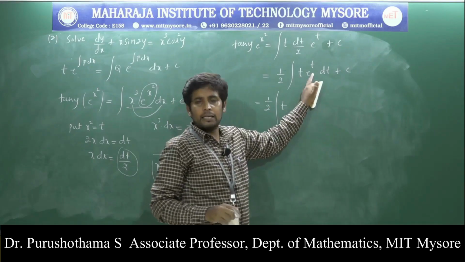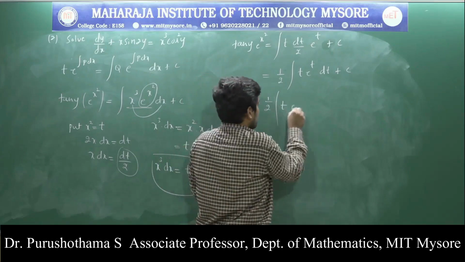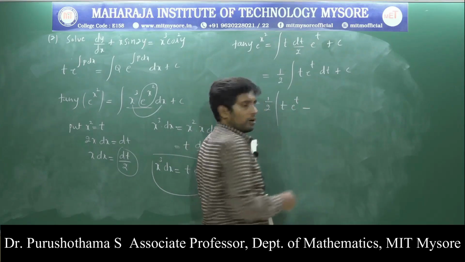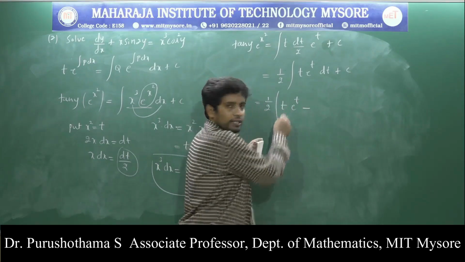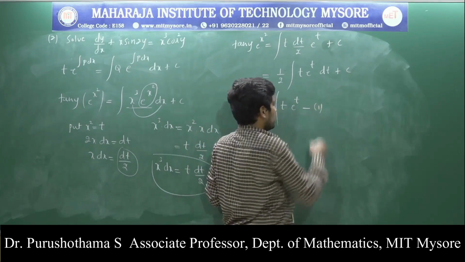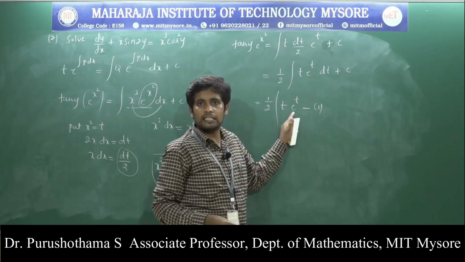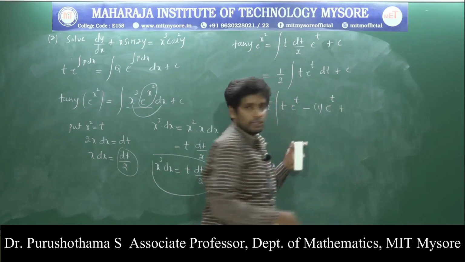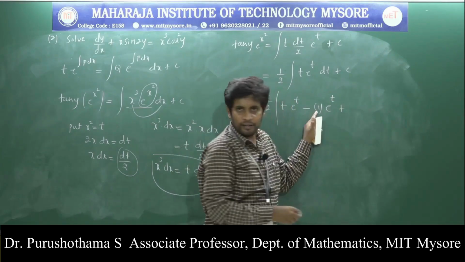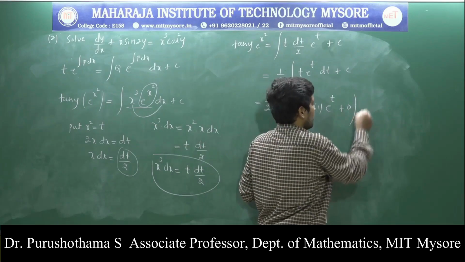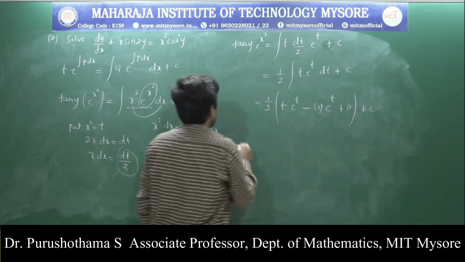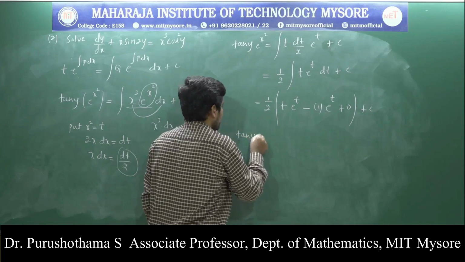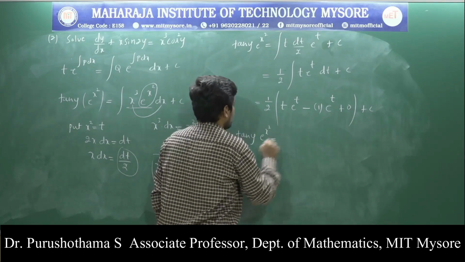Then integrate e power t, minus, with alternate sign, the differentiation of t, which is 1, and again the integration of e power t is e power t, plus, for further continuation, the differentiation of 1 is 0, so the whole term becomes 0, plus c.